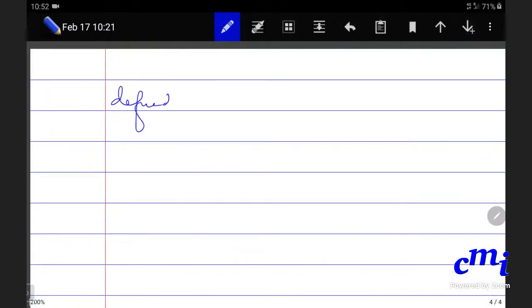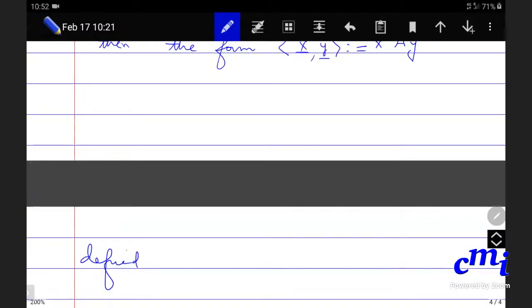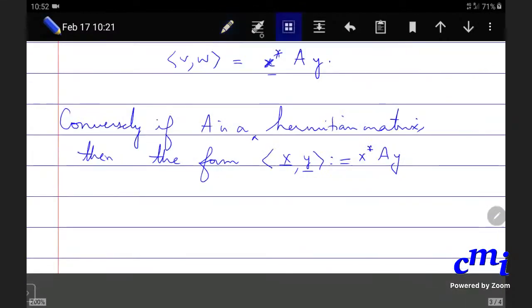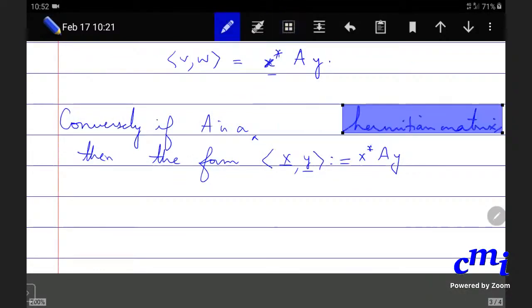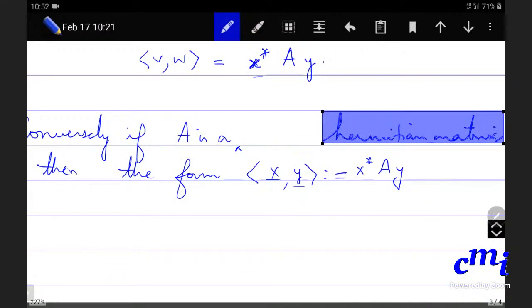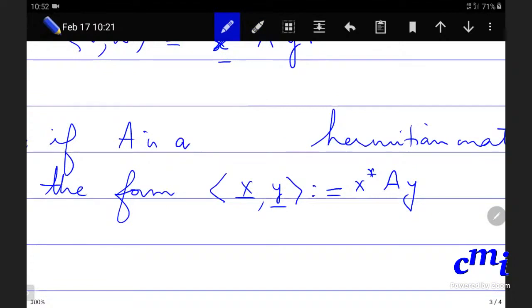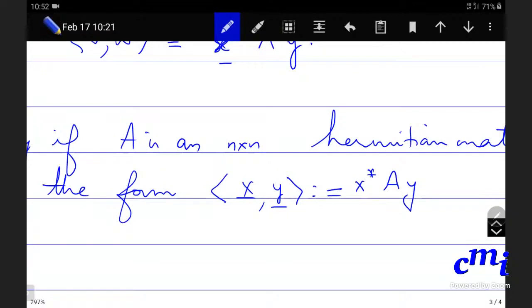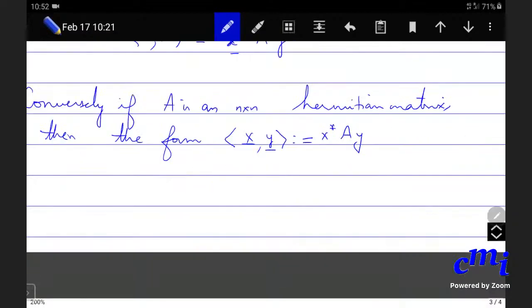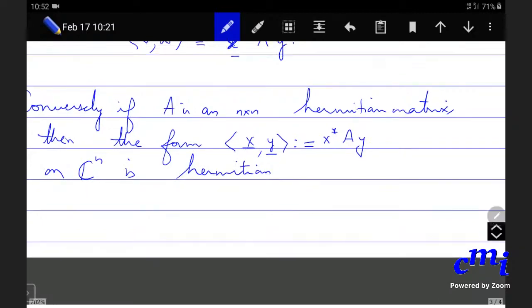If A is an n by n Hermitian matrix, then this is the form on Cn, with X and Y, Hermitian. Parse the statement, and then the proof is not at all difficult.